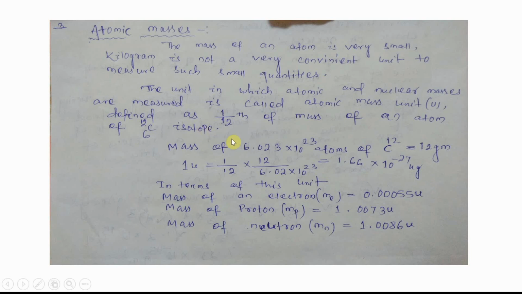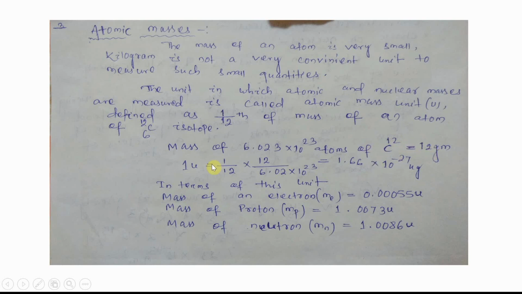And how can we express it? The atomic mass unit is expressed by the symbol u, and 6.023 into 10 to the power 23 atoms, that is the Avogadro number of carbon atoms, that means 6.023 into 10 to the power 23 atoms of carbon-12, equal 12 gram.